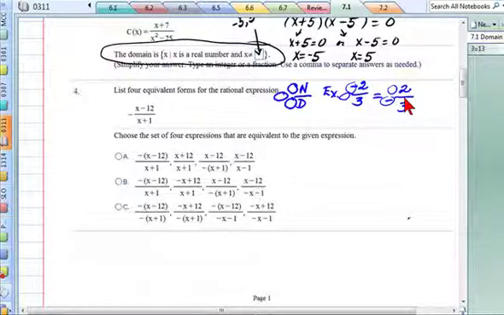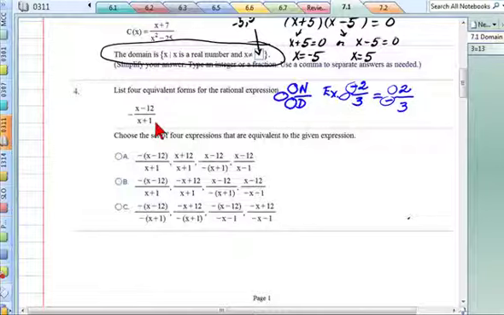The answer is yes. Now you're only going to see this discussion in this one question, so bear with me on this. This fraction has x minus 12 as its numerator. It has a negative out in front of it, and it has x plus 1 as its denominator.